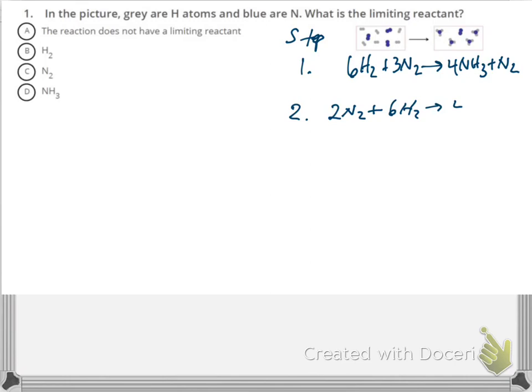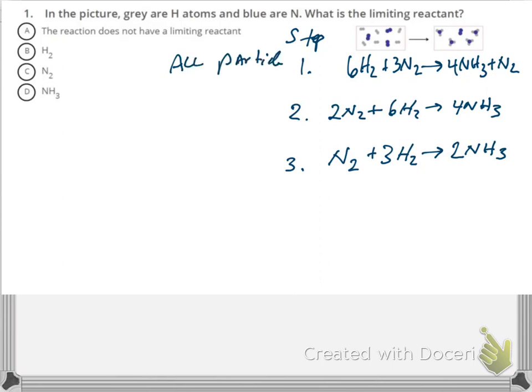So excess is going to be reactant that wasn't fully reacted, and so that wasn't completely consumed in the reaction. And that happens to be nitrogen. So we remove the nitrogen and we get 2N2 plus 6H2 to make 4NH3. The final step is to divide by a common multiple.